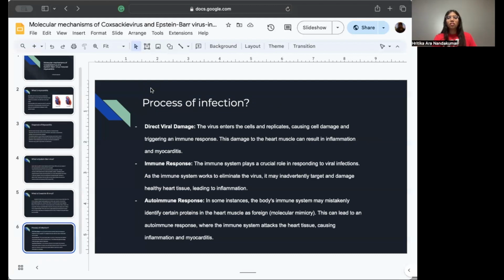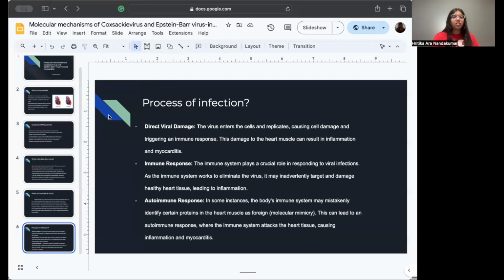So even if it doesn't directly cause it, it can lead to inflammation of the heart muscle, one way or the other. I'll be talking about the three main ways here, and a few more.